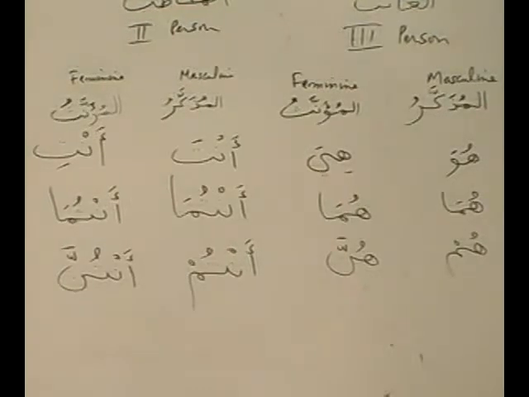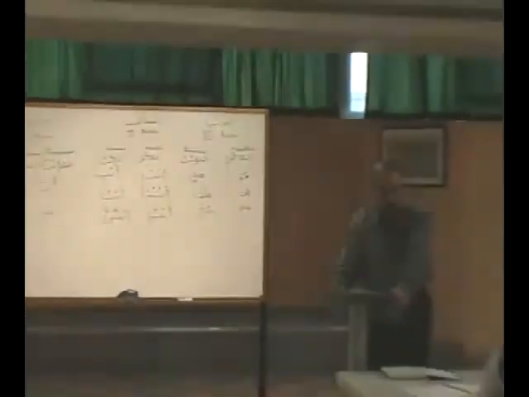Now we come to Darsul Rabi', lesson number 4 in the main book. Brothers and sisters, look at the first word, brother. Al-Baytu.